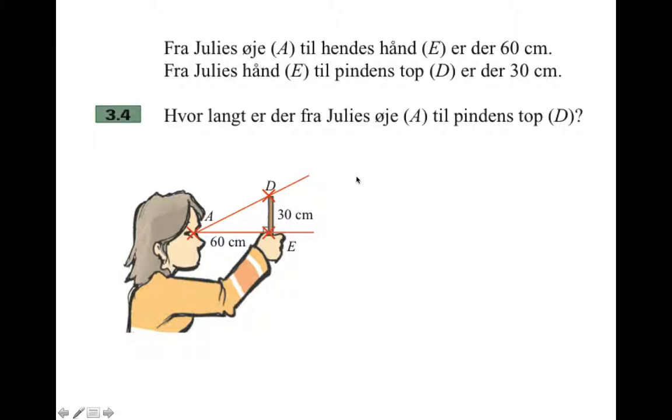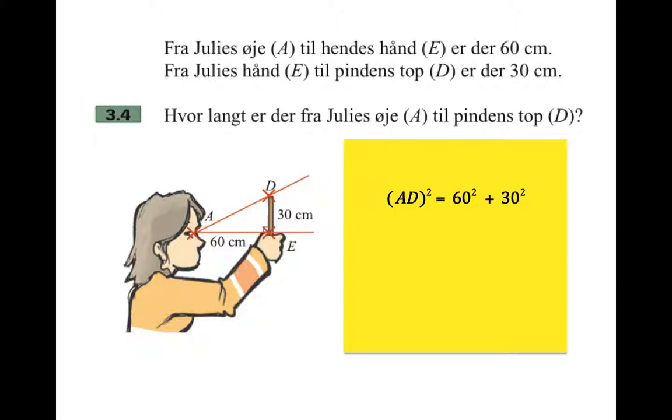Then it says from Yulia's eye to her hand is 60 centimeters. From Yulia's hand to the top of the stick is 30 centimeters. How far is it from Yulia's eye to the top of the stick? So this is a Pythagoras problem. You've got a right-angled triangle with two known sides, and you'd like the third side.